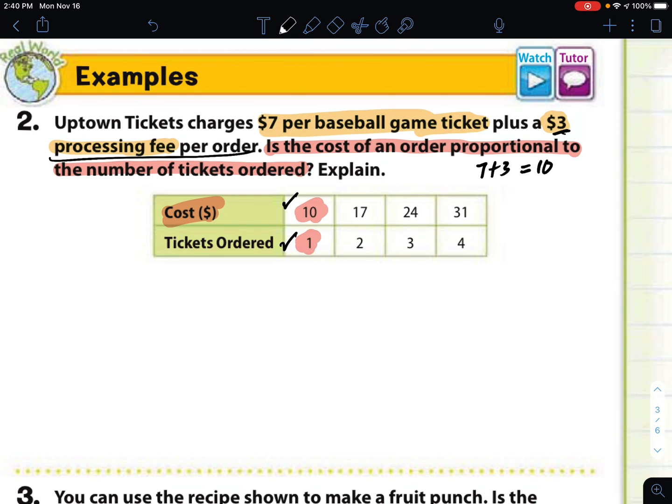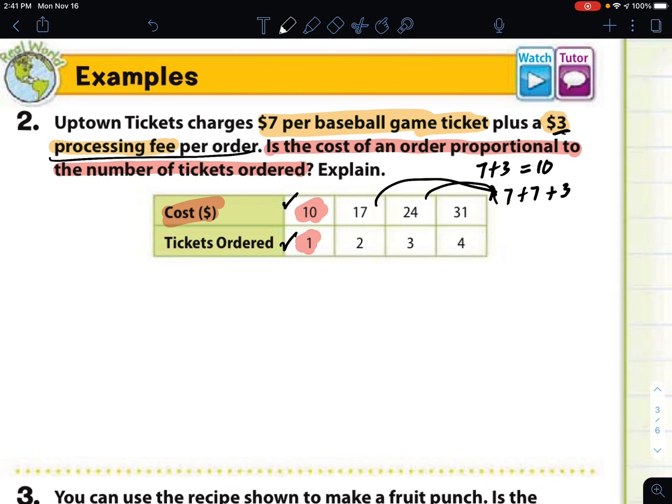Now, if you buy two tickets, how did we get to 17? Each ticket costs $7. That's going to be 7 plus 7, which is two tickets, and you add the processing fee of $3, which will give you 17.